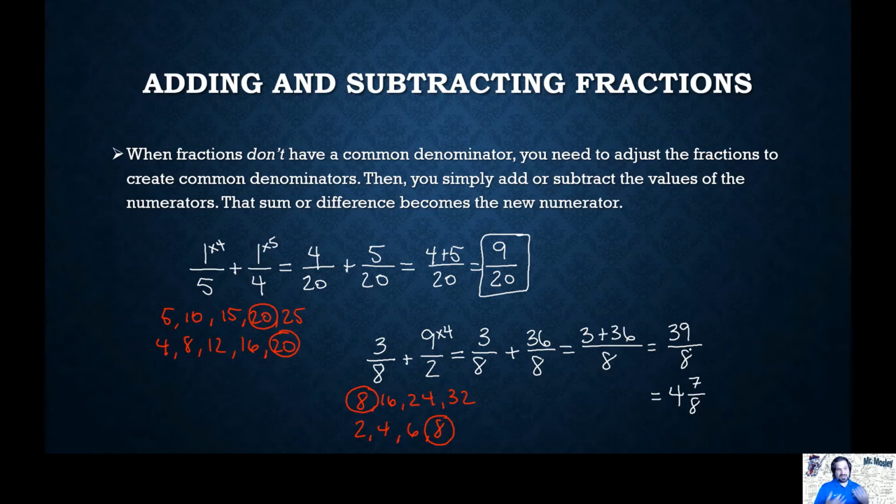Otherwise, leave it as 39 over 8. Right, so this is just a couple examples of how to manage having a non-common denominator when you're adding or subtracting. Subtracting works exactly the same, except you would subtract across the top instead of adding across the top once you have a common denominator.